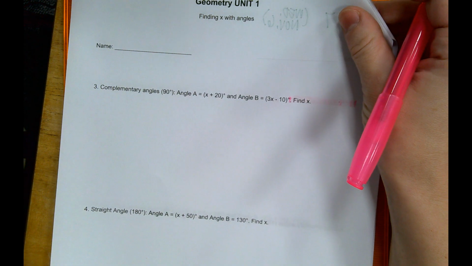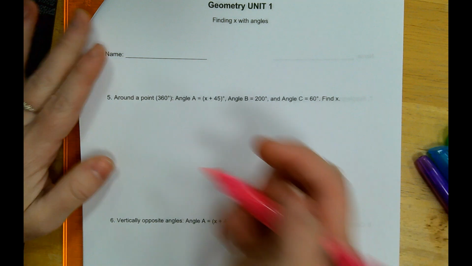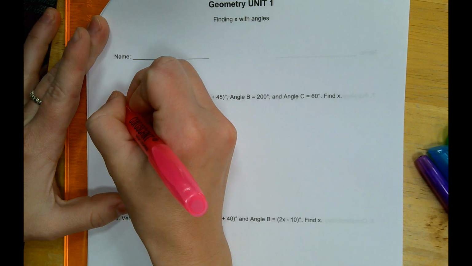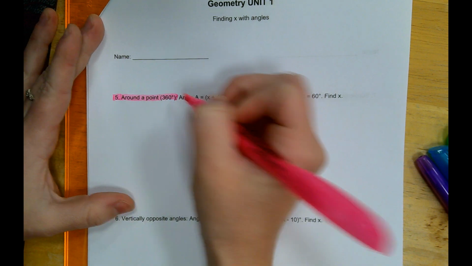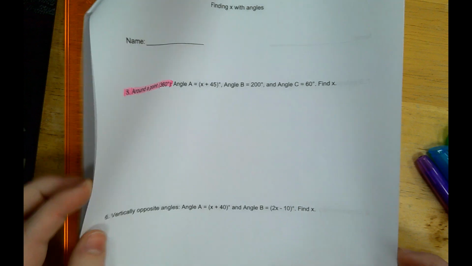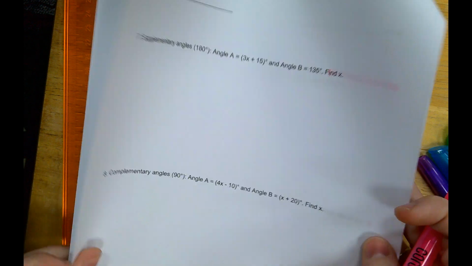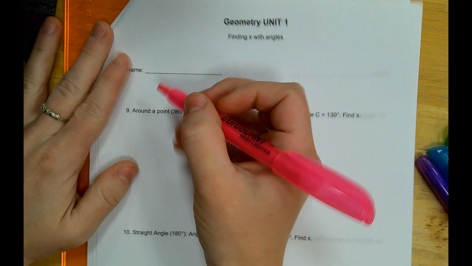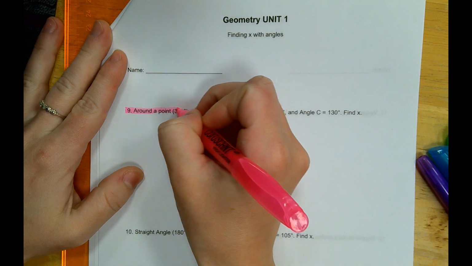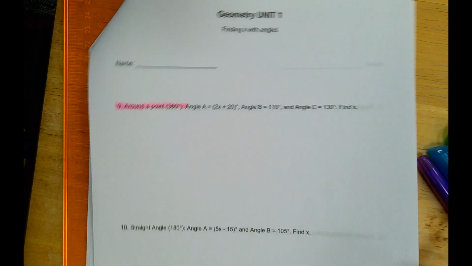So 3 and 4 are not the same. 5 is, so I'm going to highlight that. Okay. Let's see. No 6, no 7, no 8. Oh, number 9. Here we go. Keep going.